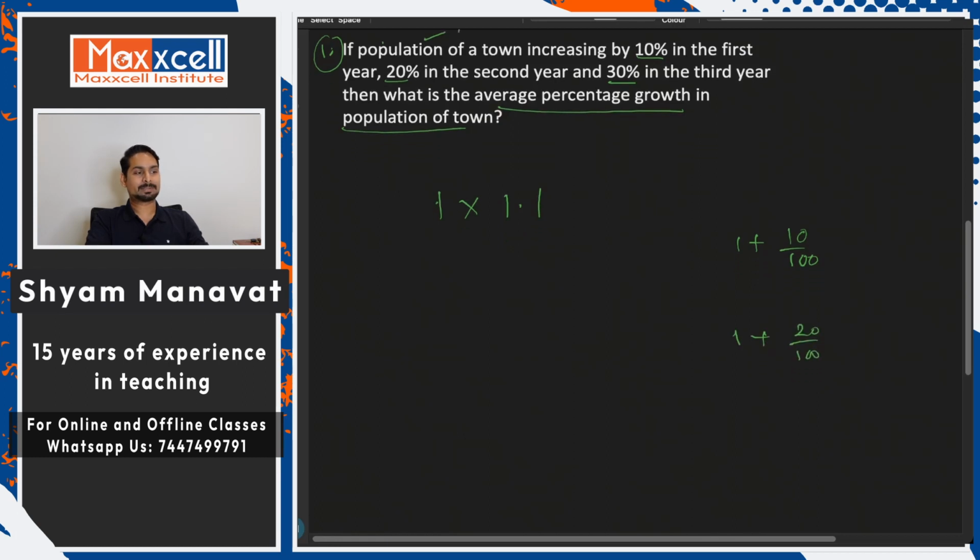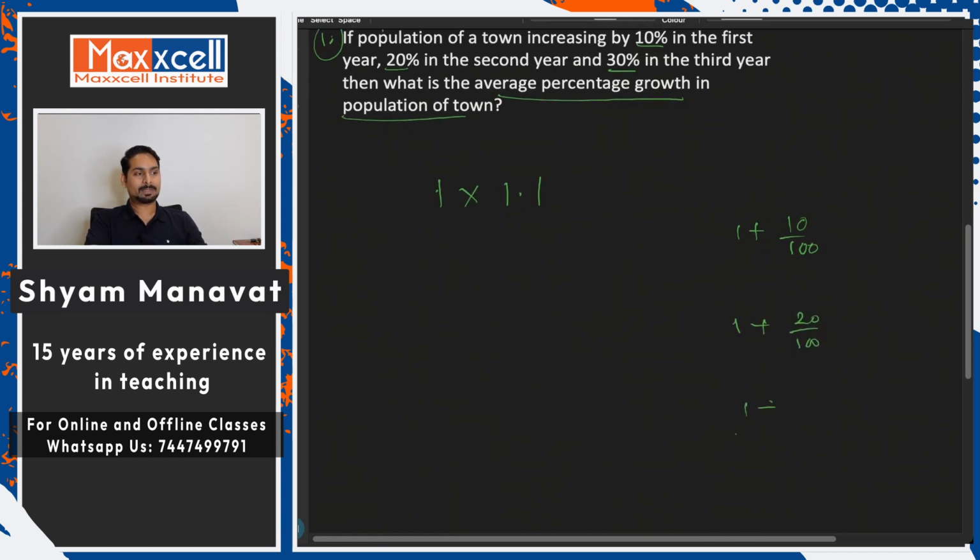To increase by 30%, you multiply by what? 1 plus 30 by 100. So increase by 20%, 1.2; increase by 30%, multiply by 1.3. Then you get the final population after 3 years.